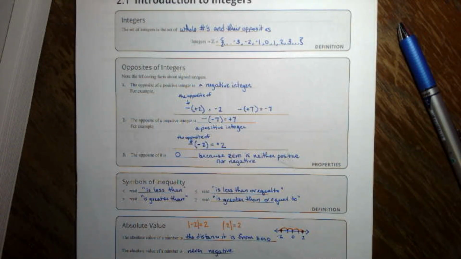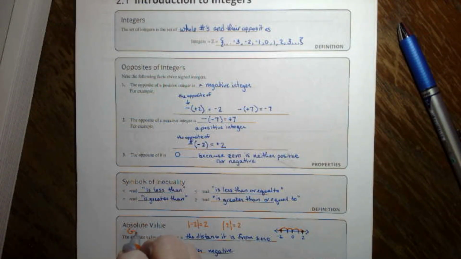Now, we get to where we just say, oh, because of the absolute value bars, we just take the negative and make it a positive, and that's all we do to it. But the reason why is because it's distance. And sometimes you have to go back to these original reasons why in order to understand things later on. You need to understand the absolute value is a grouping symbol.